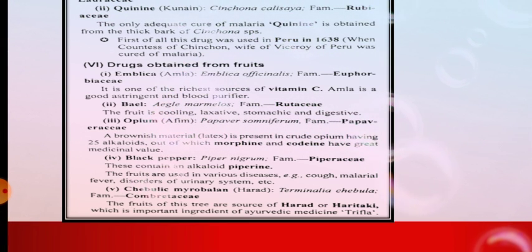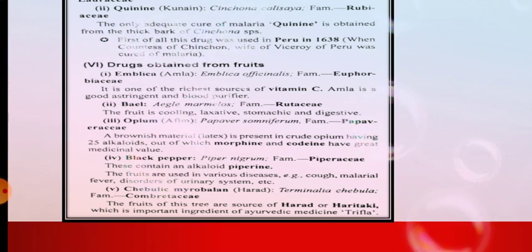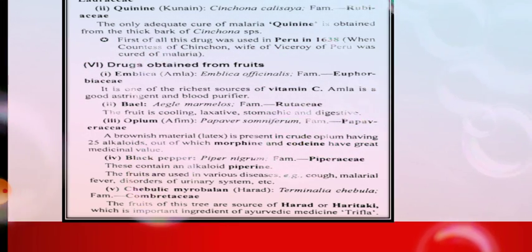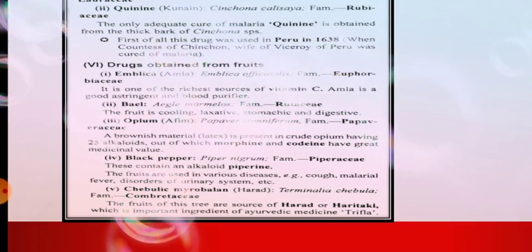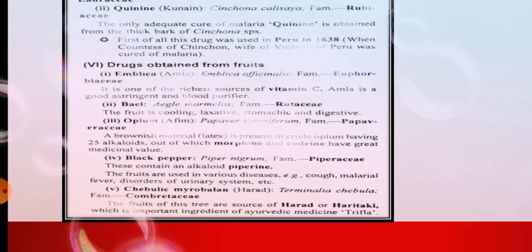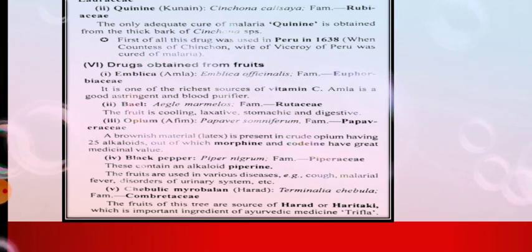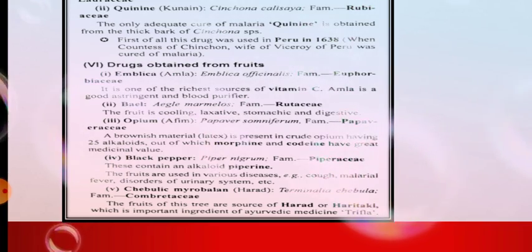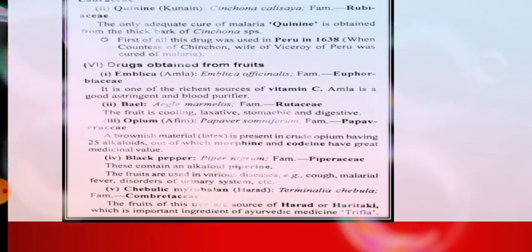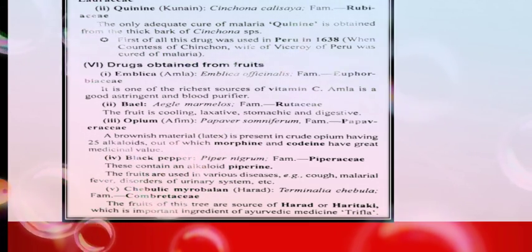Then comes the chebulic myrobalan, which is known as harad, or normally known as Terminalia chebula, and this belongs to the family Combretaceae. Normally the fruits of this tree are the source of the harad, or the haritaki, which is an important ingredient of the Ayurvedic medicine Triphala.